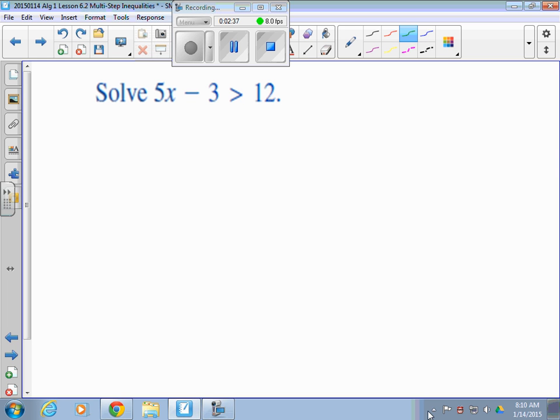Take about 1 minute and solve 5x minus 3 is greater than 12.